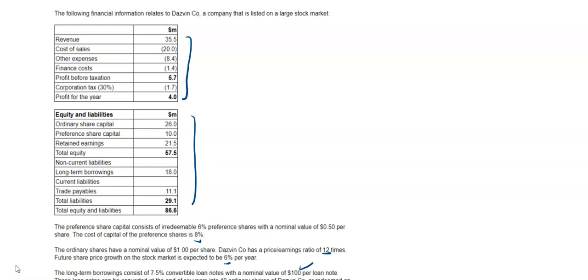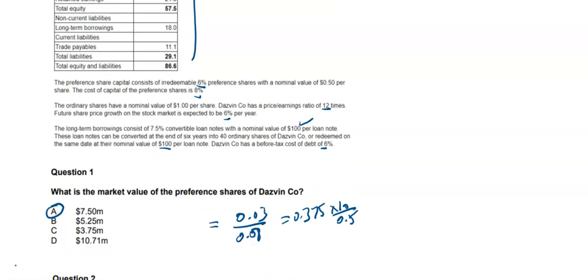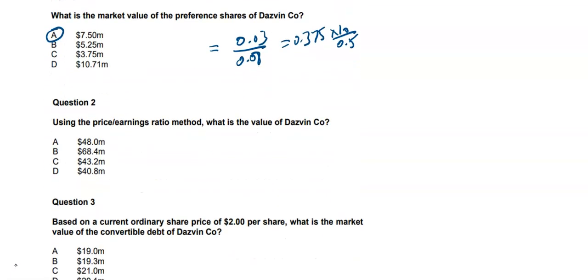We have to pay a dividend on this 10 million as well, at 6%. So you multiply 12 by 4 million minus 6% of 10 million, which is 4 million minus 0.6, times 12. The answer will be 40.8.